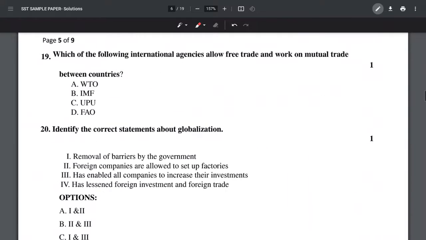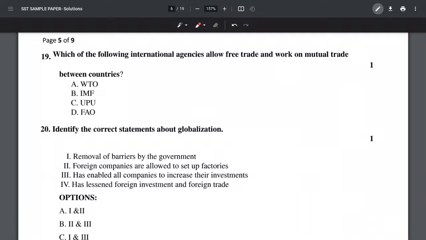Next one. Which of the following international agencies allows free trade and works on mutual trade? So, what we have to do is understand. Firstly, it should be international. And we have to tell which allows free trade, no charges or so, and works on mutual trade.